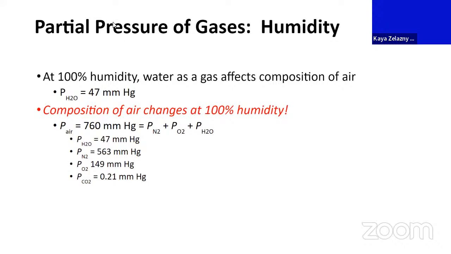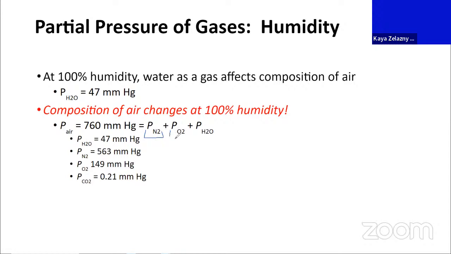So if we were to calculate these out at that 100% humidity, we wouldn't just take into account our nitrogen and our oxygen. We'd also have to take into account our water vapor. So percentage-wise, the components of this air are going to be changing. We're no longer going to have exactly 79% nitrogen, exactly 21% oxygen, because we've added in some water vapor.